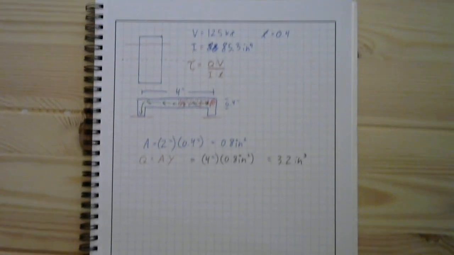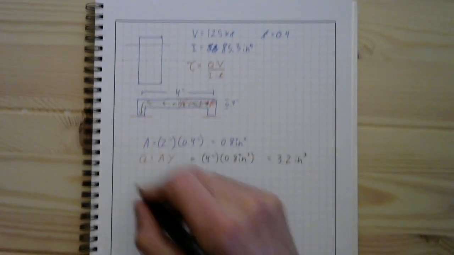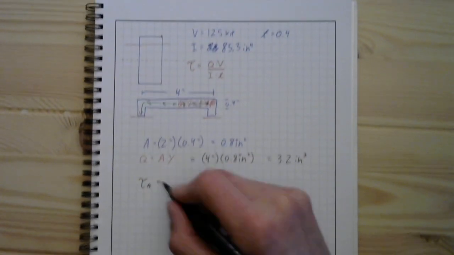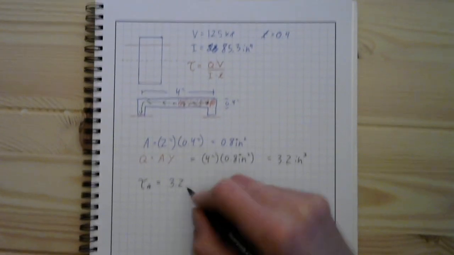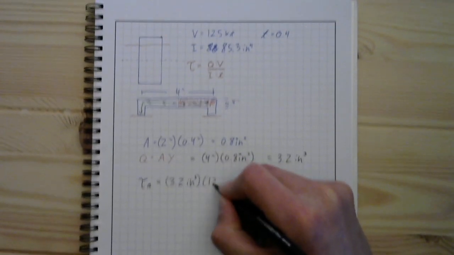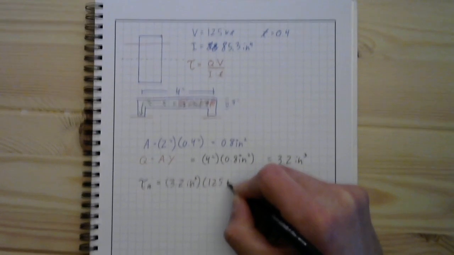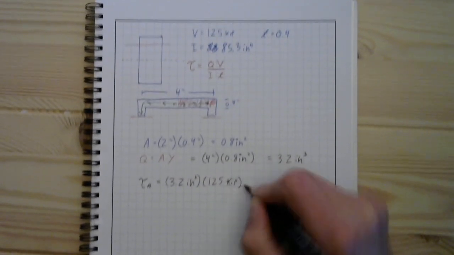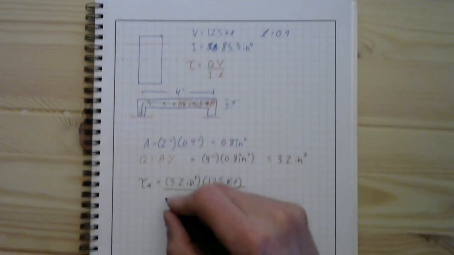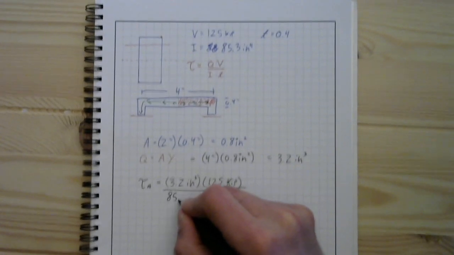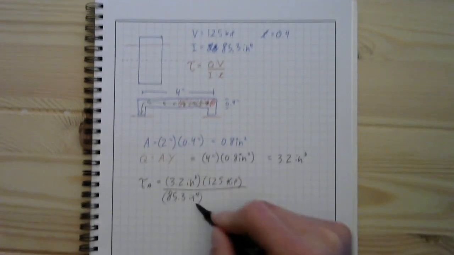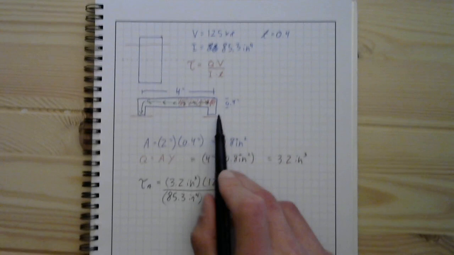inches cubed. Popping that into this equation, we get that the shear stress at point A is going to be 3.2 inches cubed times 125 kips divided by the second moment which was given, which is 85.3 inches to the fourth, and divided by the thickness, which is 0.4.